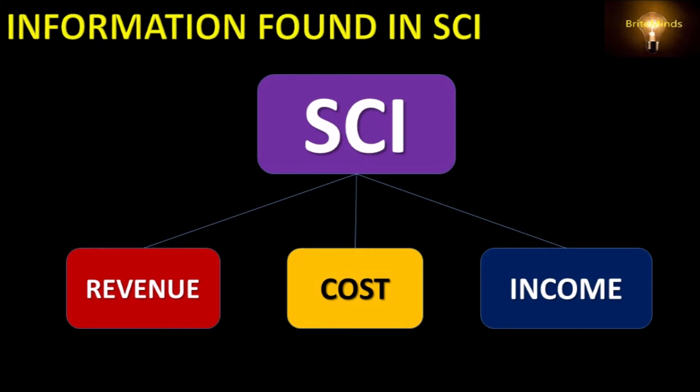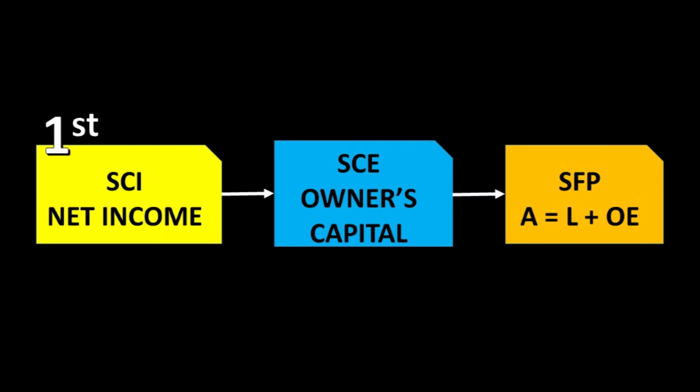Remember that the financial statements are a set of interconnected reports. The SCI is prepared first for the determination of the net income. After the determination of the net income, it is transferred to the statement of changes in equity to be included in the determination of the owner's capital balance as of the end of the year.